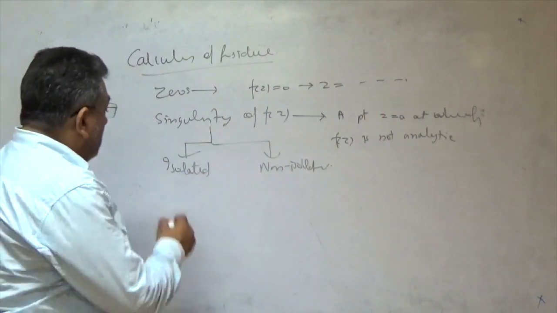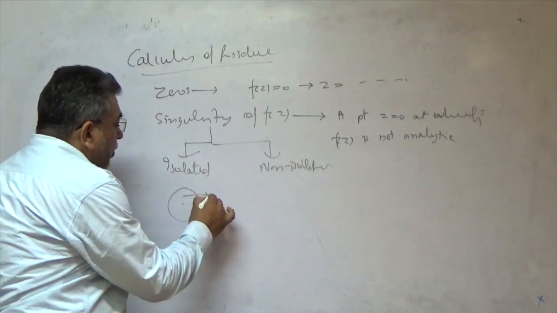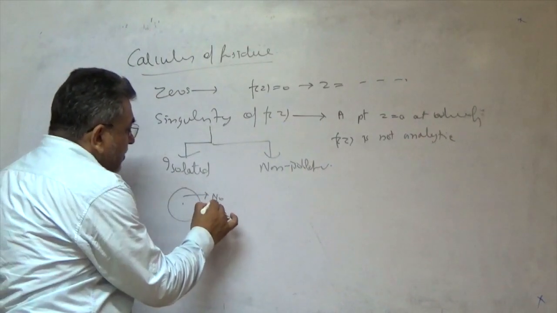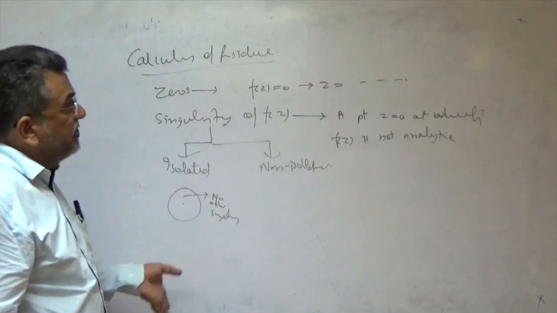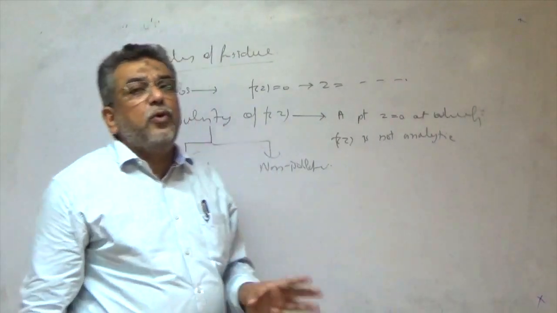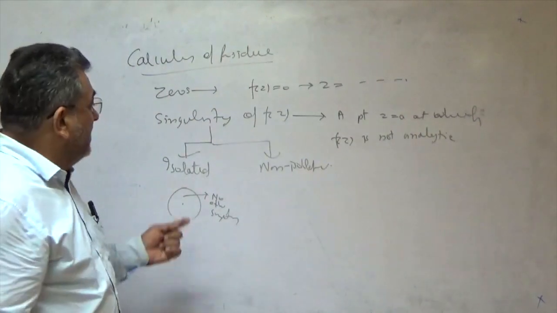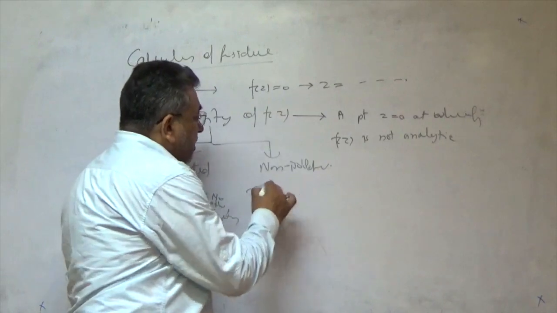If z equal to a is a singularity and in its neighborhood there is no other singular point, meaning the function is not analytic at point a but is analytic in the neighborhood of point a, then this is called an isolated singularity, otherwise non-isolated.